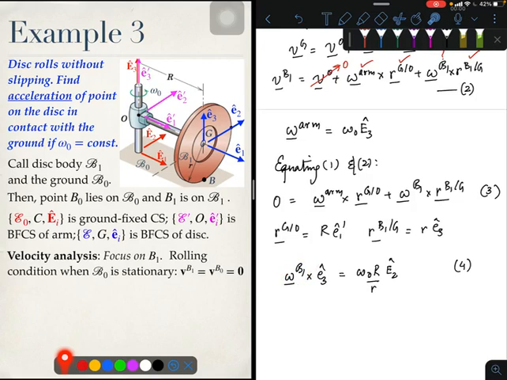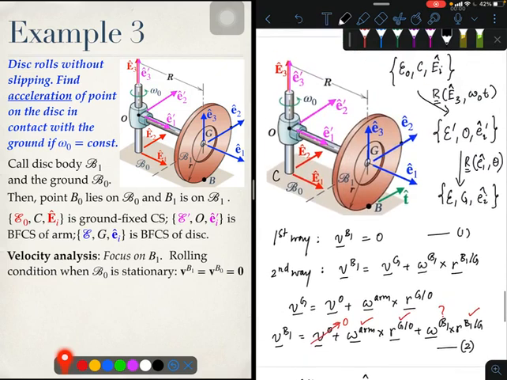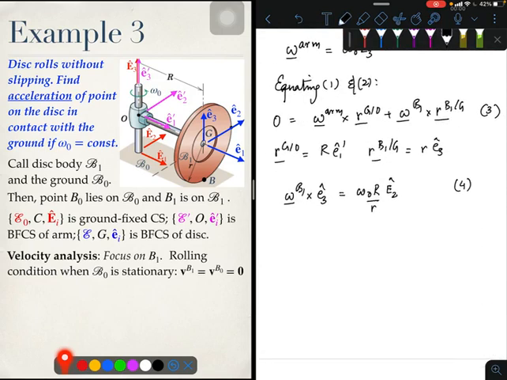Okay. So how should I go ahead and solve this problem? Well, you can always put in the components of omega B1 and solve this equation. I will, however, suggest the following. By looking at the flow chart that you have over here and the problem that is drawn, we can write down that omega B1 is actually omega of E with respect to E prime plus omega of E prime with respect to E0.